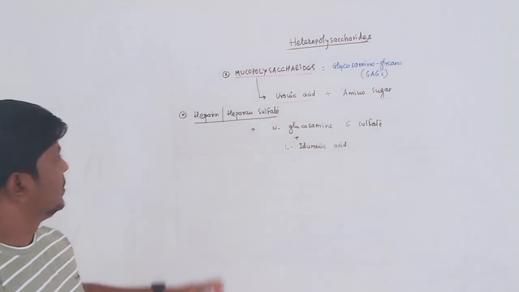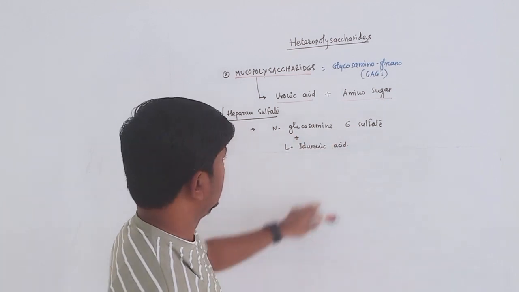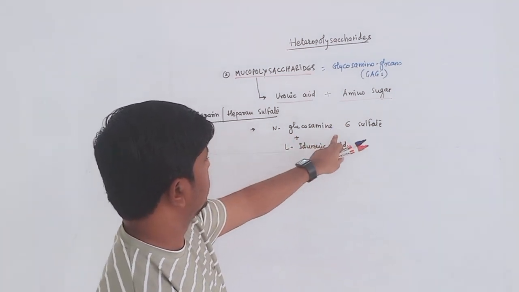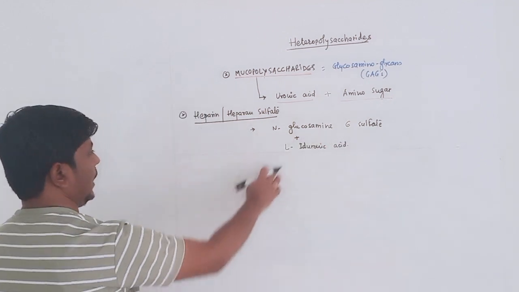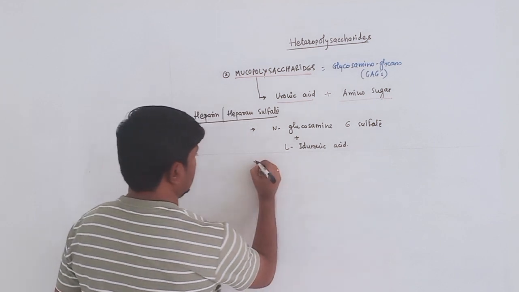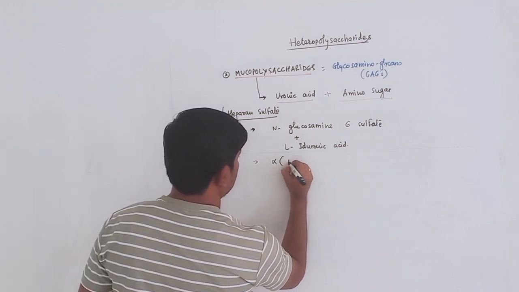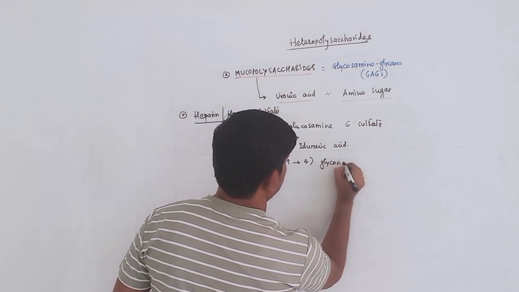Okay. So heparan sulfate mainly consists of N-glucosamine 6 sulfate. 6 sulfate is the sulfate molecule present on the 6th carbon atom of glucose, and L-hyaluronic acid, which are linked together with the help of alpha 1,4 glycosidic bond.